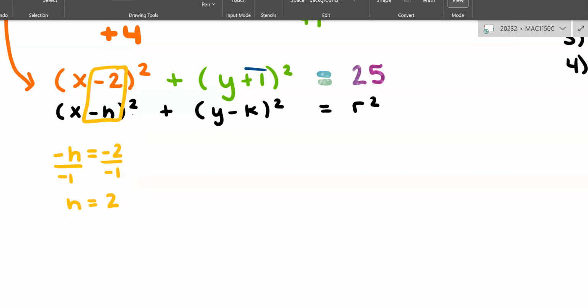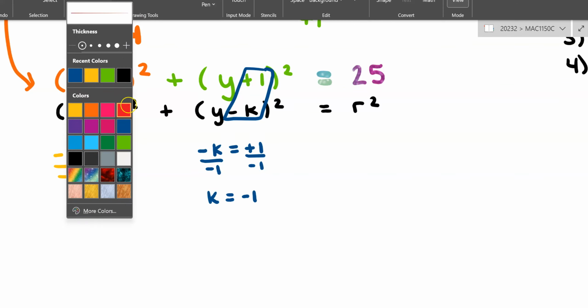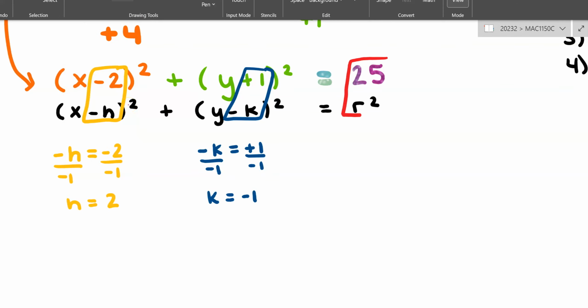And here, I'm going to equate these guys. So I'm going to say negative k equals positive 1. So to get k alone, I have to divide by negative 1. So k equals positive 1 over negative 1, which is negative 1. And then the last equation is r squared equals 25. So if we square root both sides, we get r equals 5.